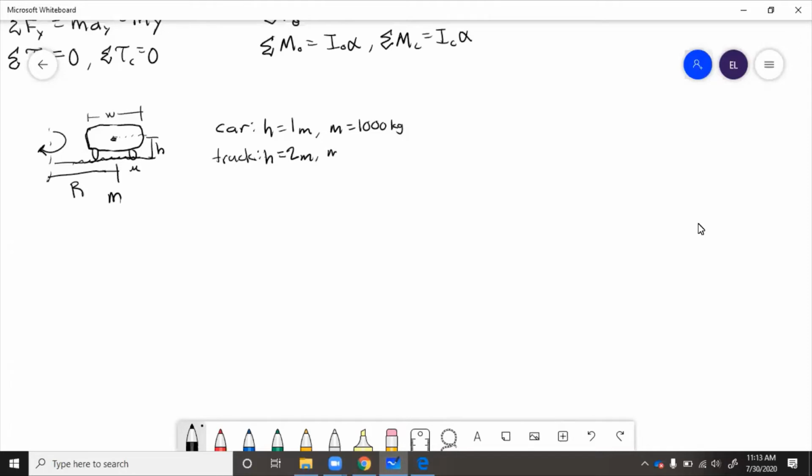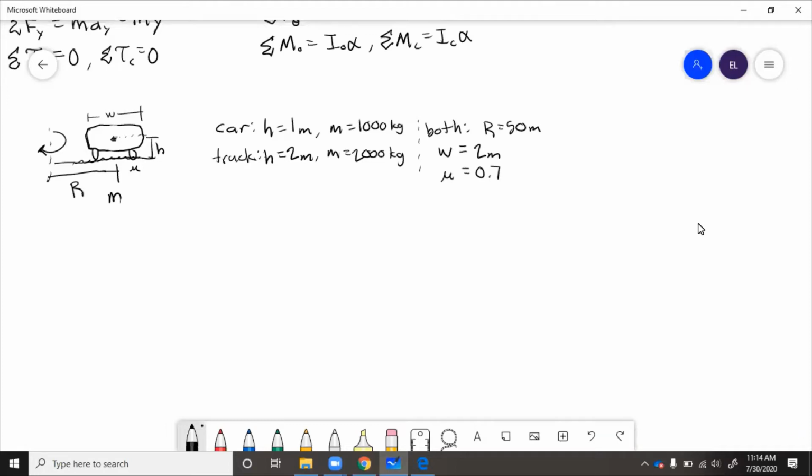And for the truck, mass equals 2,000 kilograms. For both of them, radius of the track equals 50 meters. And this width, W equals 2 meters. So let's say they're the same distance wide, but the truck is taller and it weighs more. And then friction equals 0.7.